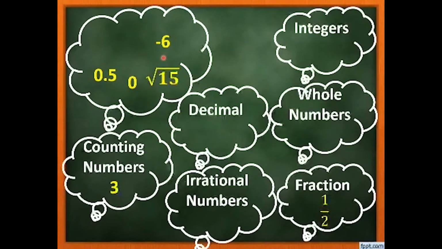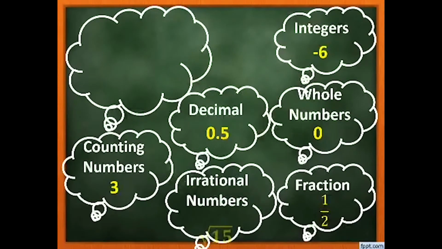Now let's have the -6. -6 should be in the integers. 0.5 in the decimal numbers, correct? Then 0 would be in the whole numbers, and the square root of 15 is an irrational number, correct?